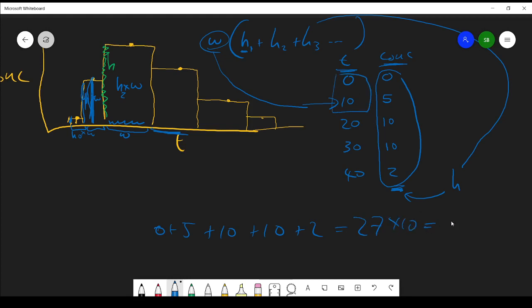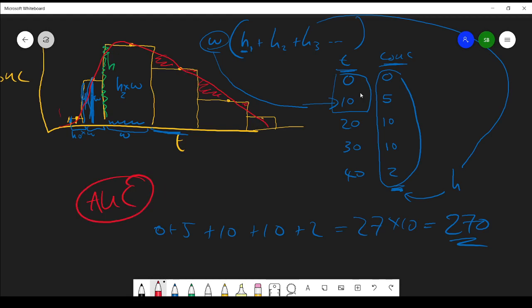So then the area under the curve is 270. Of course it is an estimate, as you probably spotted, because the actual line doesn't do that. So you've got all these errors here. But do you know what? It's close enough. So that's how you work out the AUC.